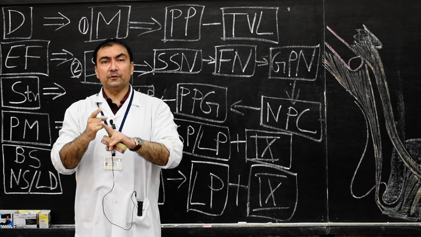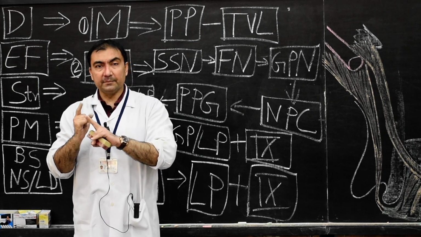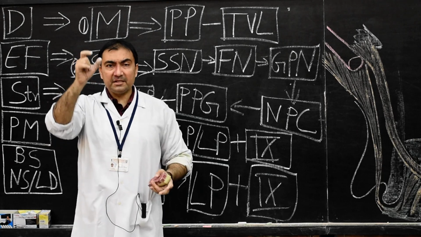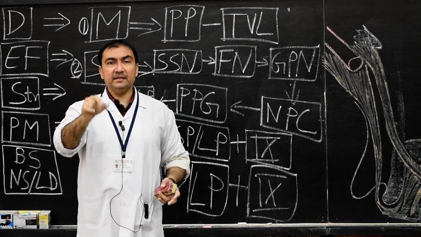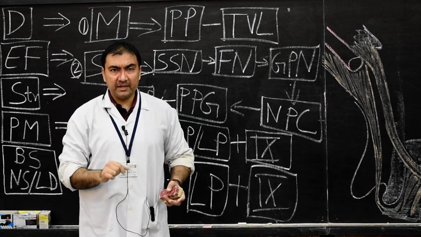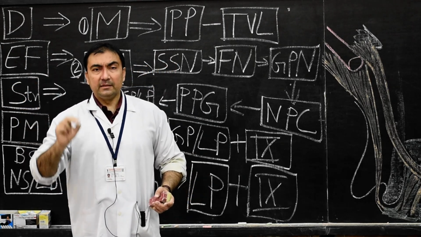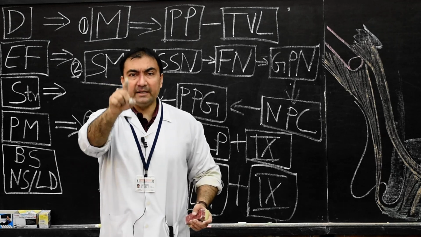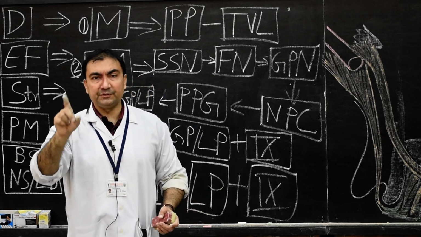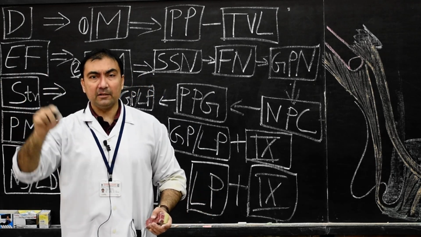Palatine branches from maxillary artery. These are the branches which supply arterial supply to soft palate. Venous drainage will be pharyngeal plexus of veins. Then lymphatic drainage: retropharyngeal group of lymph nodes which will drain into deep cervical group of lymph nodes.